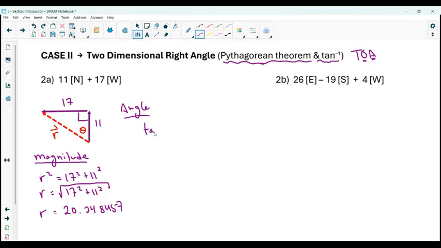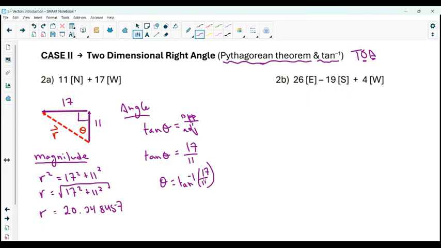So I'm going to say tangent of that angle theta is the opposite side over the adjacent side. So that means tan theta is going to be 17 over 11. So theta is going to be the tangent inverse of 17 over 11.